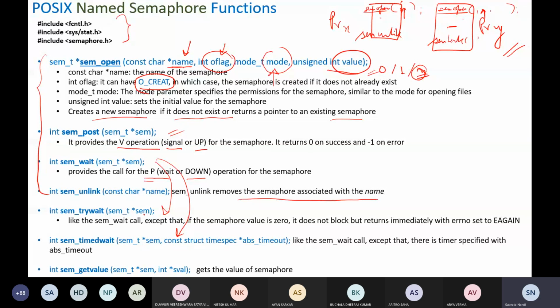In this case, it is not going for a blocking kind of wait. If it finds that it is blocked, it will simply exit; I mean, it immediately returns. Timed wait means you mention how long you would like to wait.